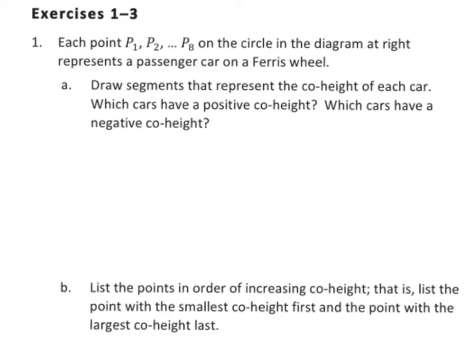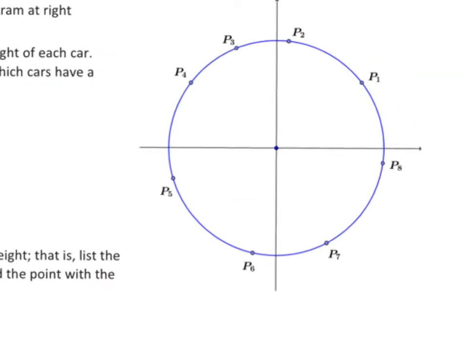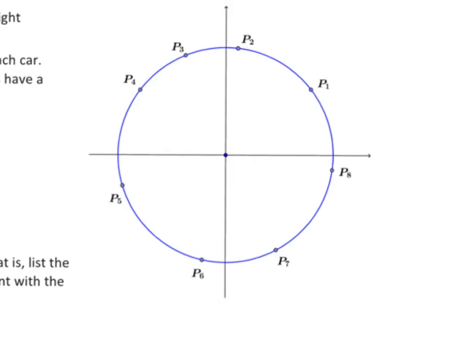Each point, P1 through P8 on the circle in the diagram at the right represents a passenger car on the Ferris wheel. What do you immediately recognize about the passenger cars on the Ferris wheel that is different from the problems that we have done before? They're scattered. There's no consistency with their placement.